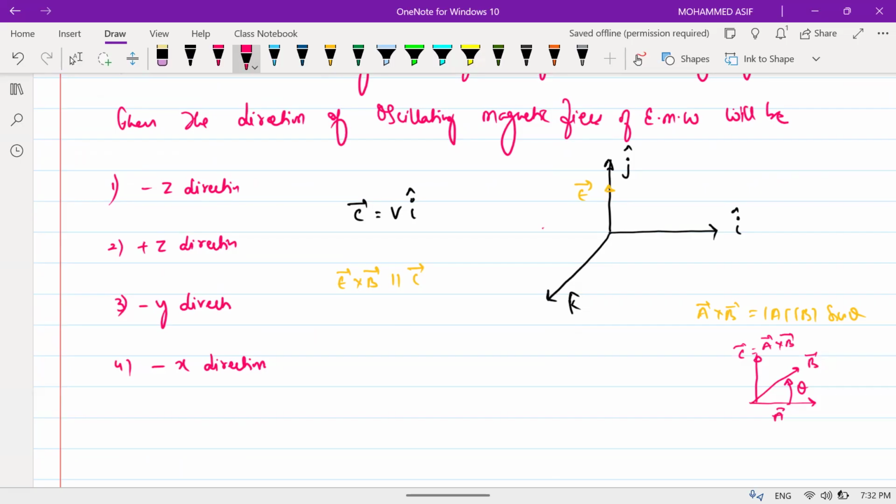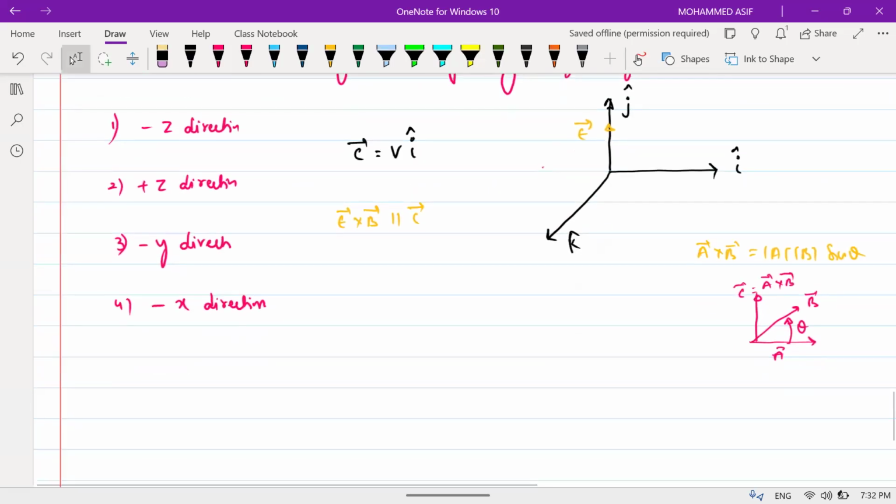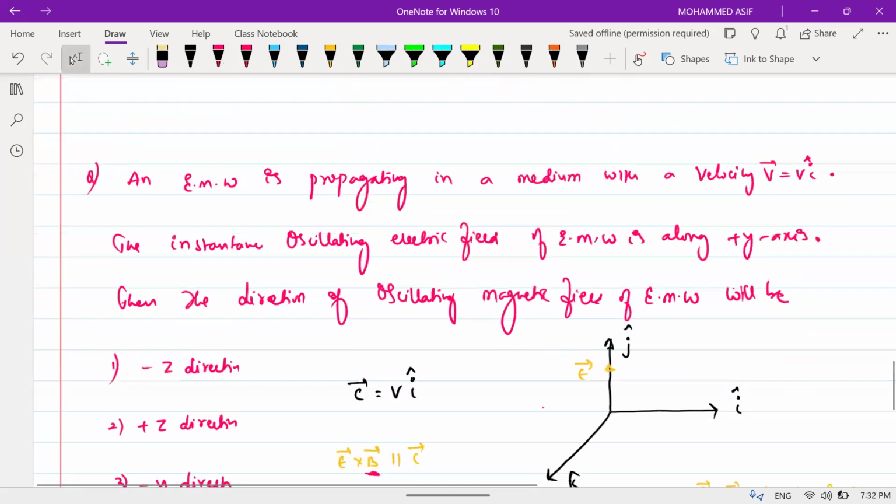In which direction? That's it. The electric field is in which direction, beta? J cap cross, this was a direction I don't know. The resultant is in which direction, beta? I cap. Because in the problem the speed of light is given, the electric field is given. Then B should be in which direction so that I will be getting I cap, beta? That is the reason I told you here.